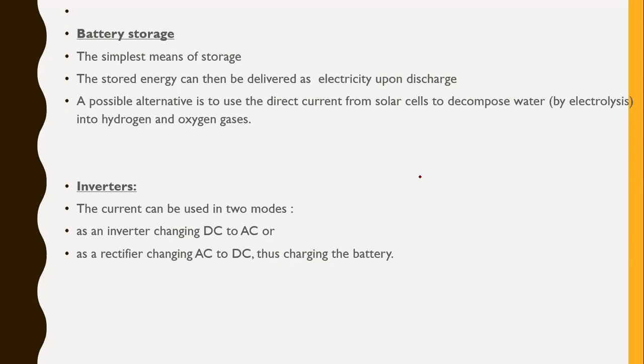But these are the only batteries available nowadays, and some research still has to be done to develop batteries capable of withstanding these photovoltaic cells.